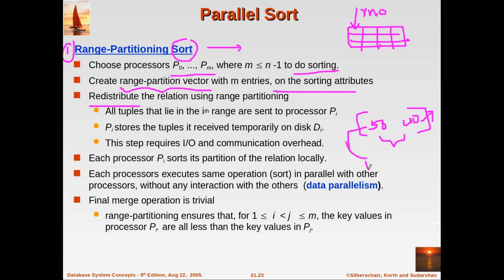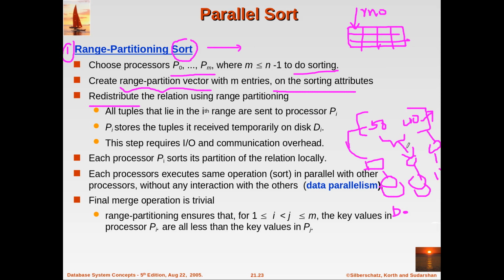This will send them to one processor, and this processor has its own disk where they are stored. The disks are named D0, D1 up to Dn-1. Similarly, the second range moves to another processor and is stored on that particular disk, and the third range moves and is stored on its disk.